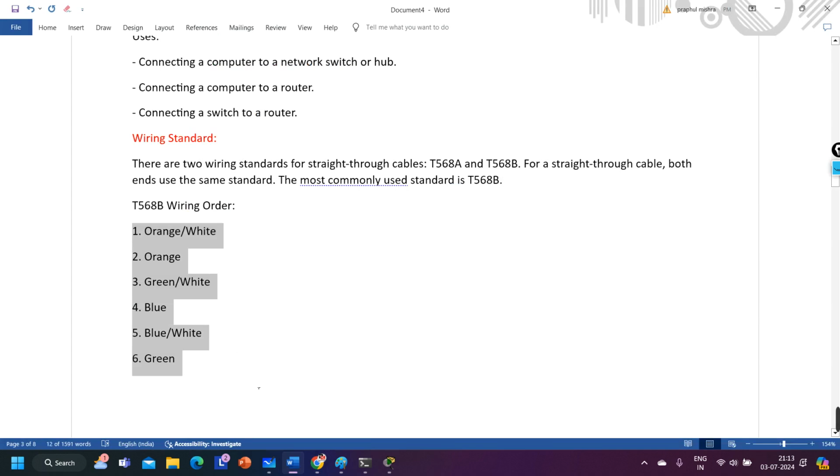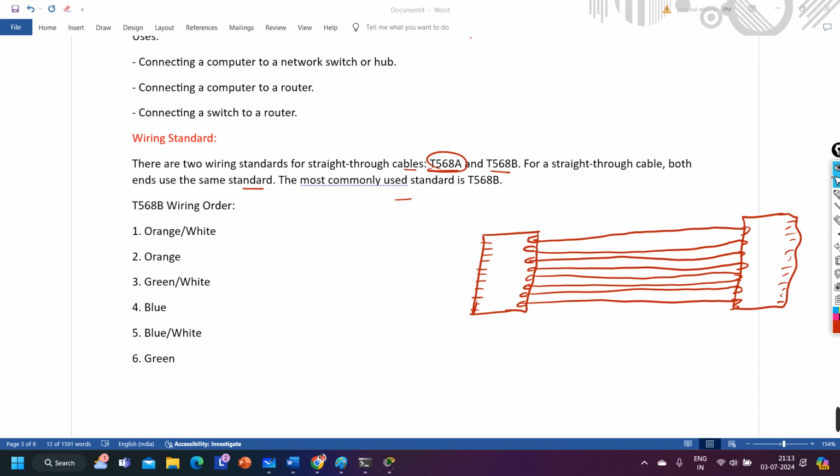Now, between straight through and crossover. In the straight through, see, again you have two RJ45 connectors. Pin number 1, 2, 3, 4, 5, 6, 7, 8, and on this side connector, again you have 8 pins.